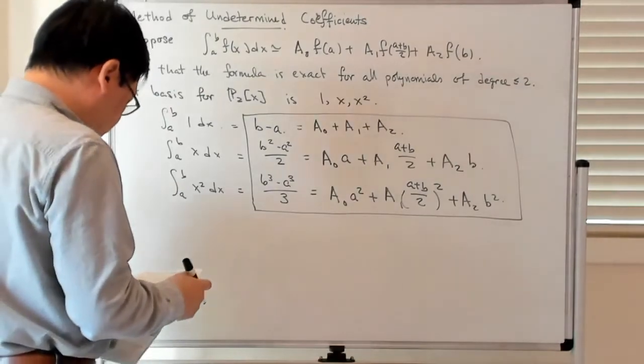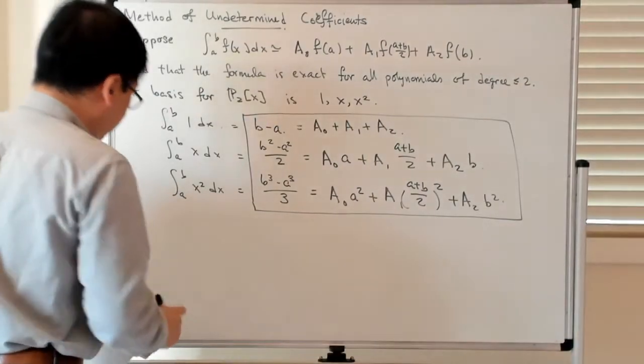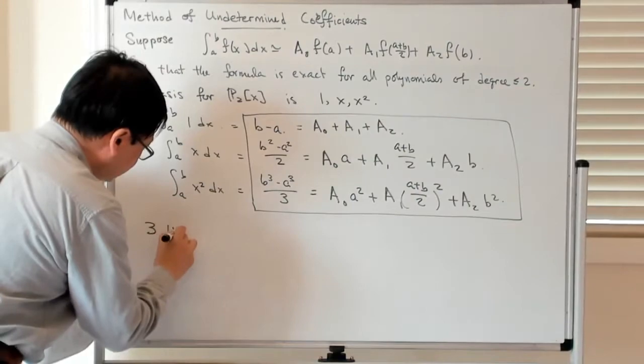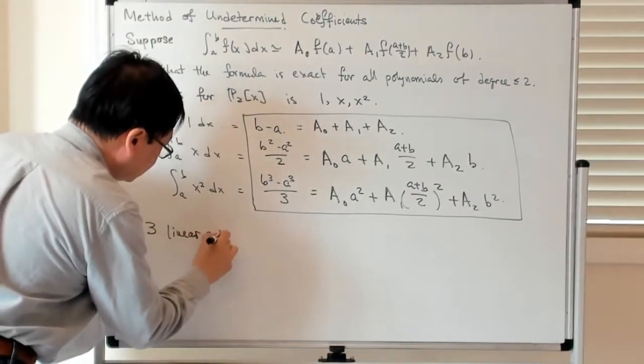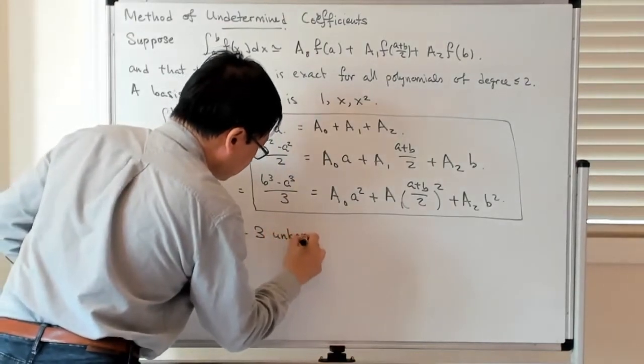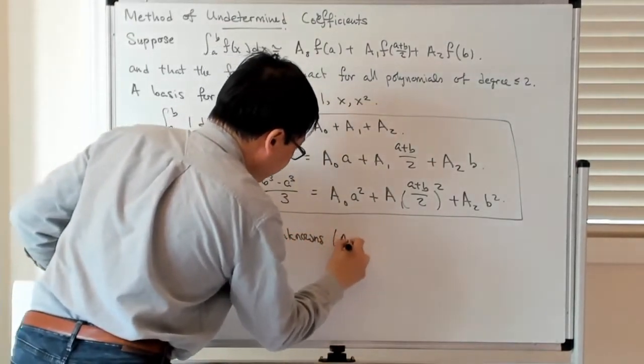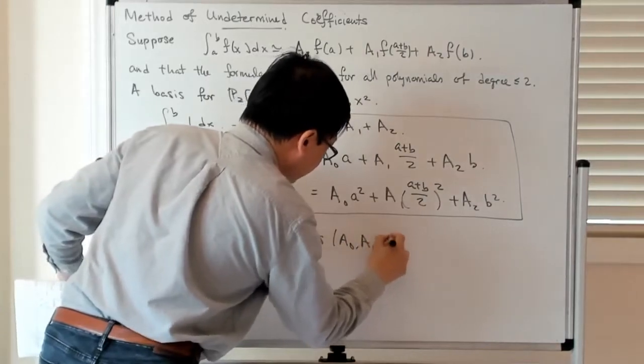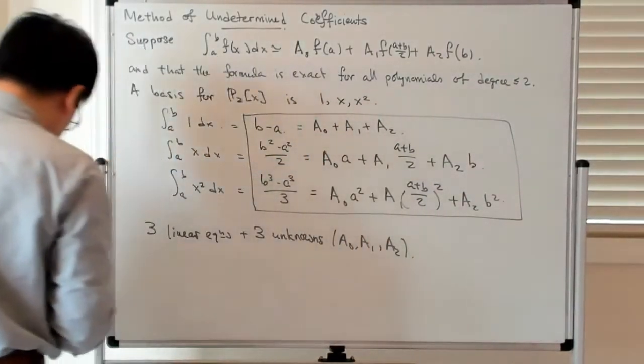Okay, so you have three linear equations with three unknowns, which are a0, a1, and a2, which you want to solve for.